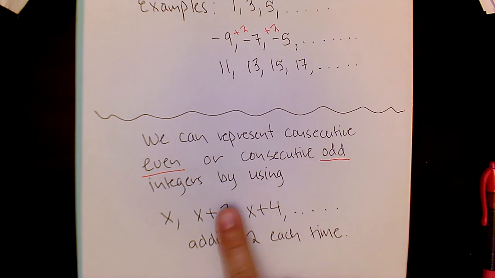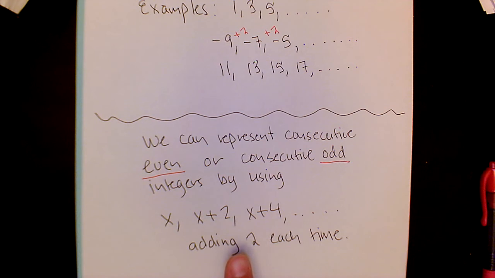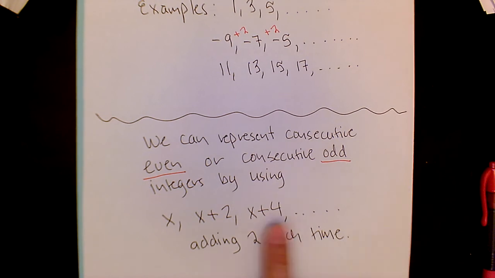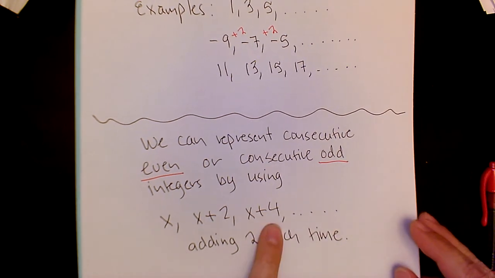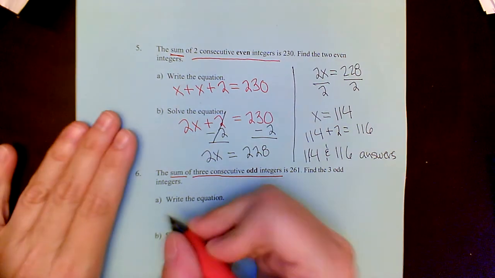So consecutive odd, again I'm going to use the same algebraic expressions, x, x plus 2, and x plus 4, because they're asking me for 3. So 1, 2, 3, and I'm going to be adding them together.